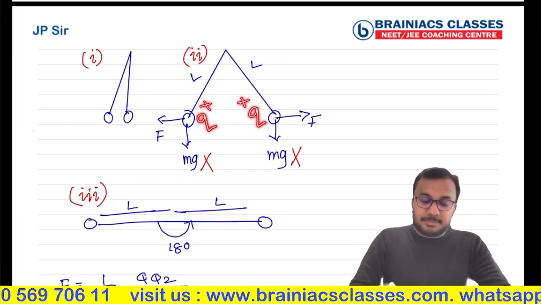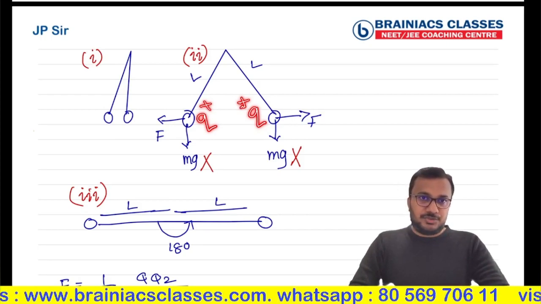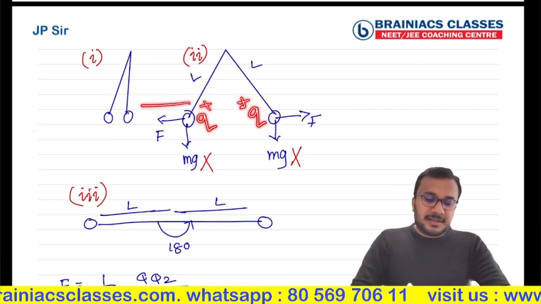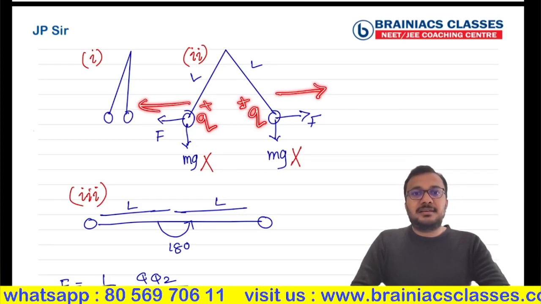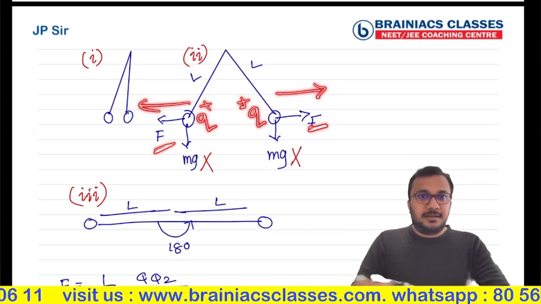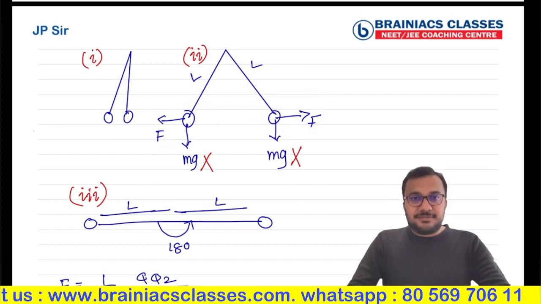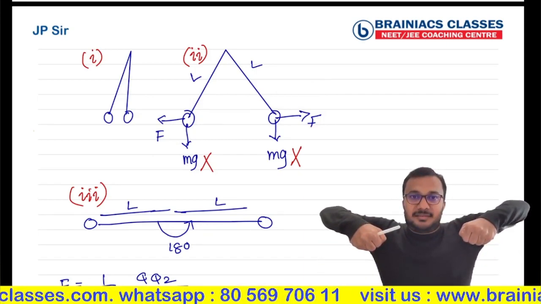If the question just gives charges, you take both as positive charges. What will happen? There is a repulsive force, so both the charges move in the left and right directions. That's why we have marked F here, and because of the F, the two bodies will be moving like this.